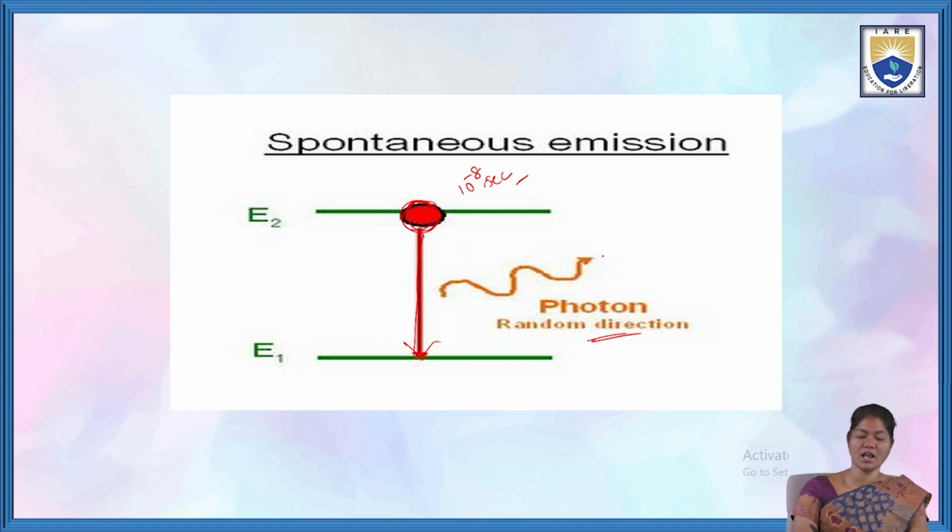This photon energy E is equal to E2 minus E1. According to Planck's, h nu is equal to E2 minus E1, so nu is equal to E2 minus E1 by h.